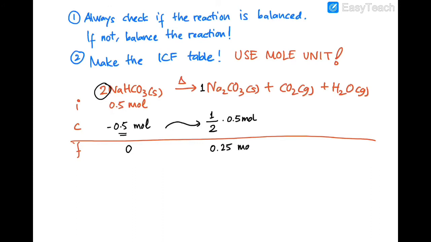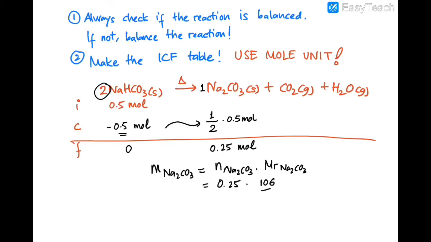0.25 mole, and from here you can find the mass of sodium carbonate by multiplying the mole of sodium carbonate with the MR of sodium carbonate, which is 0.25 multiplied by 106.